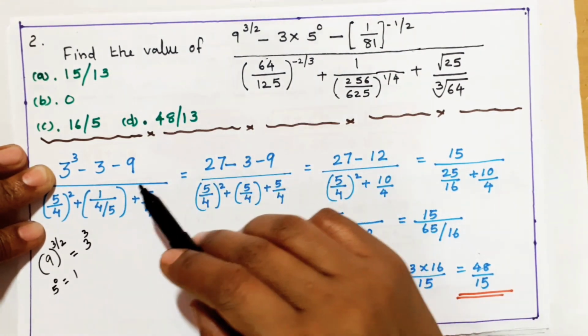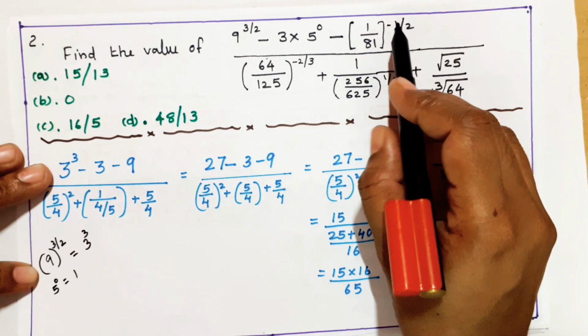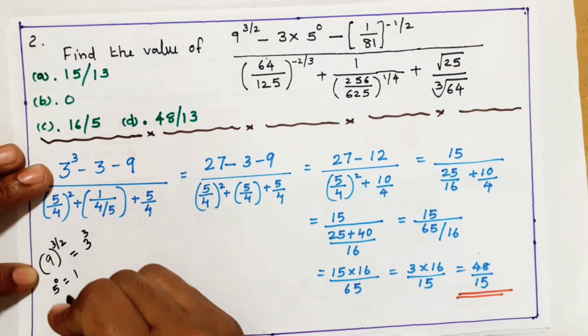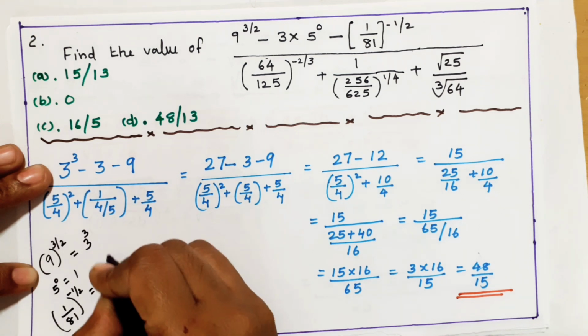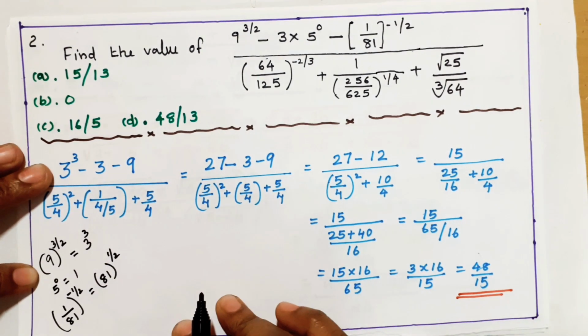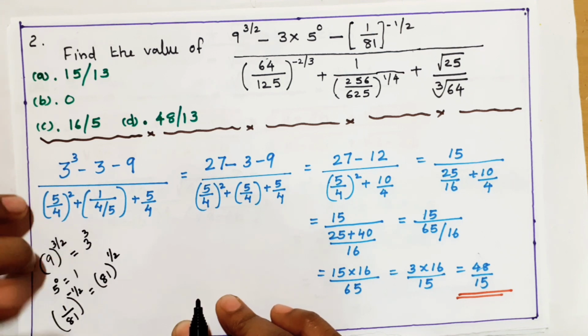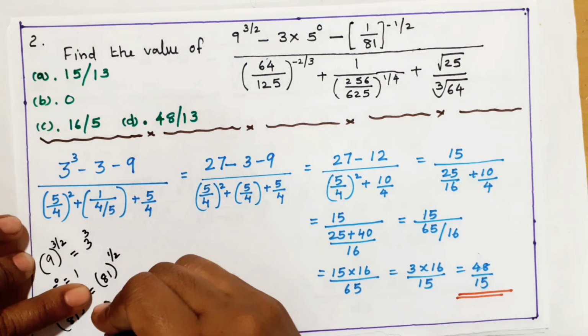This minus. Next, 1 by 81 raised to minus 1 by 2. I can write it as 81 raised to 1 by 2, since I have taken the reciprocal, so the negative power becomes a positive power. What is the meaning of 81 raised to 1 by 2?